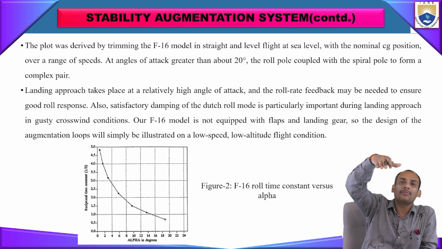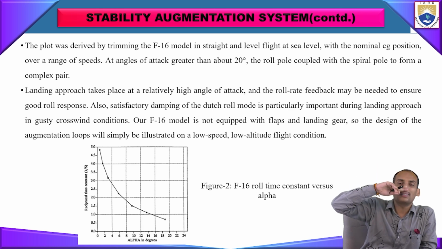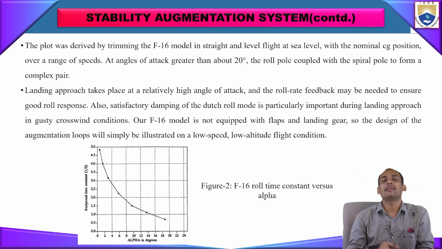Then only will the aircraft be in a stable condition. Otherwise, if both things are happening, it will become unstable. See, that plot is derived by trimming the F-16 model in straight level flight at sea level with a nominal CG position over a range of speeds. The angle of attack is greater than 20 degrees.